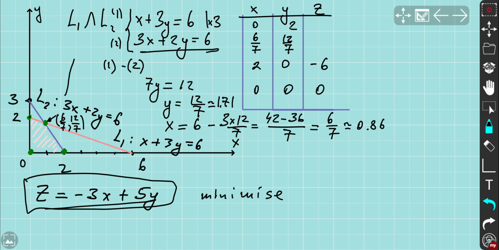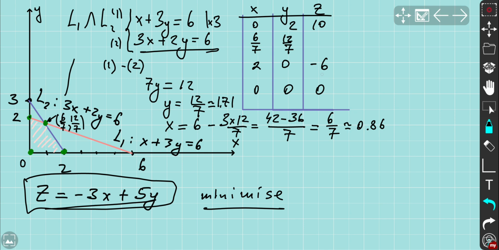Let's plug 0, 2. Definitely we'll get 10. It's not what we're looking for because we need to find the minimum value in this case. So the smallest value is going to be the minimum. And if we plug in 6 over 7, 12 over 7, definitely we'll get a value greater than negative 6. But if you like, we can try.